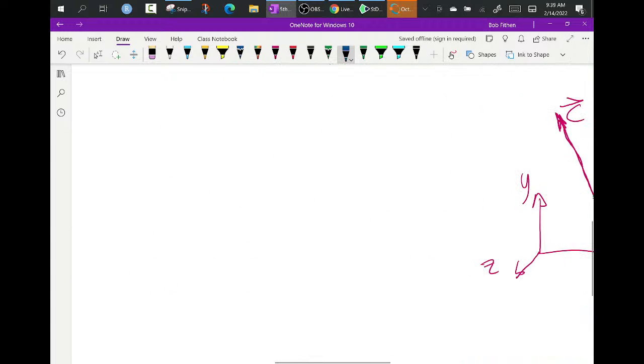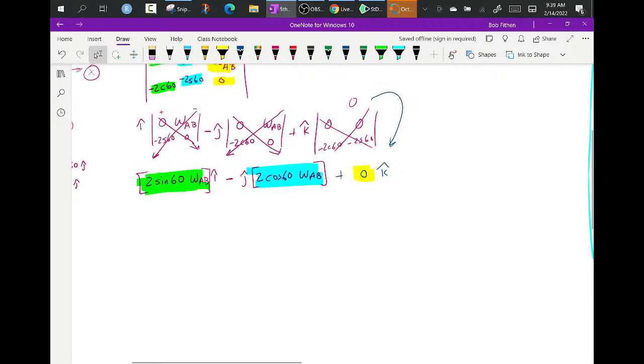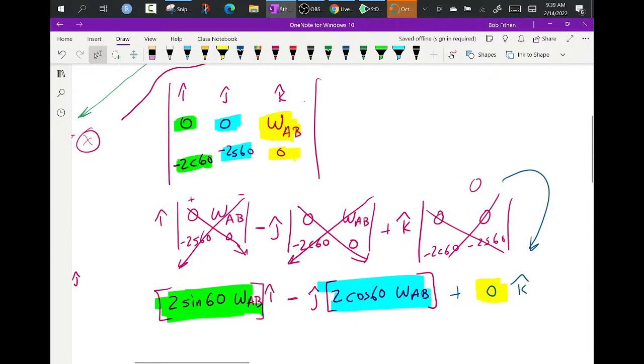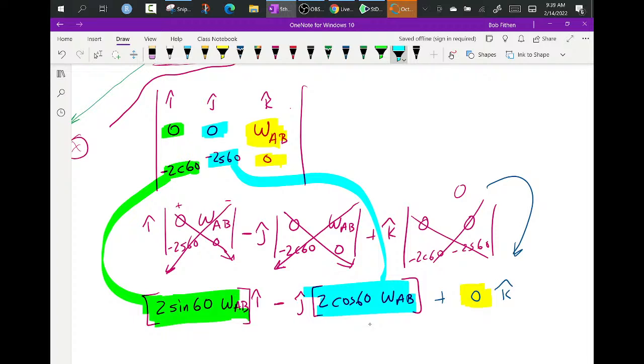So let's head back and see. This is a way of checking yourself along the way to know whether you got the right answer. If we take this times that, and this one times that one, and this one times that one, we add them up. Now, let's do the stupid one first.